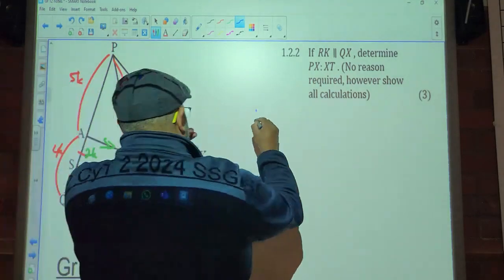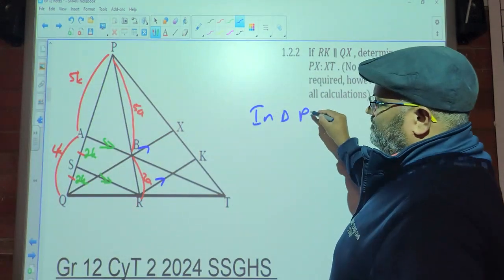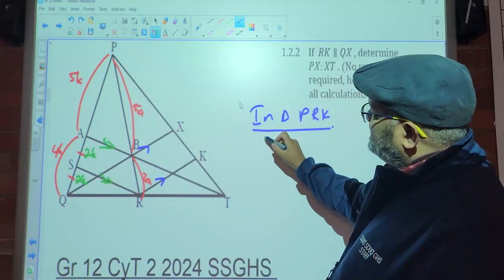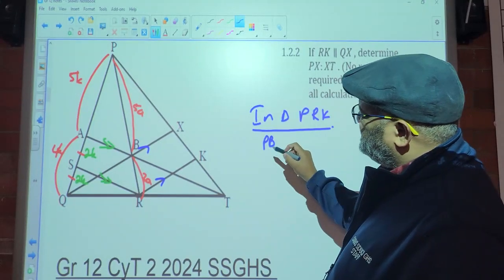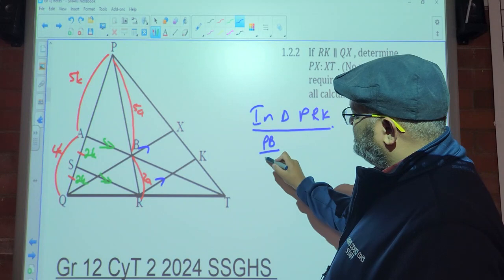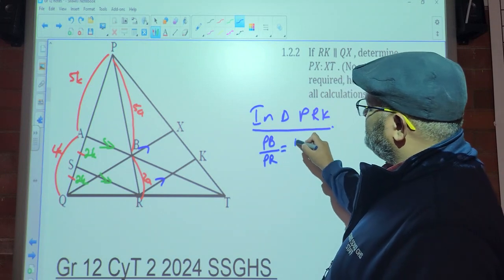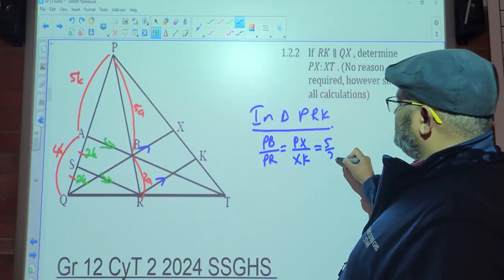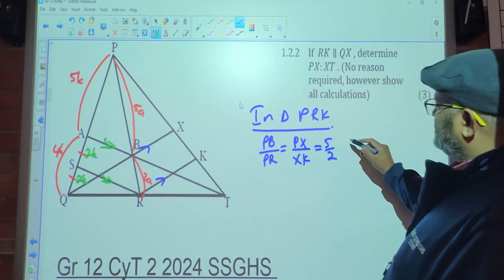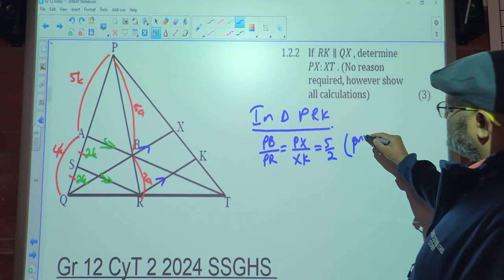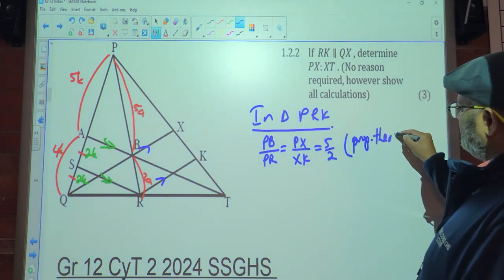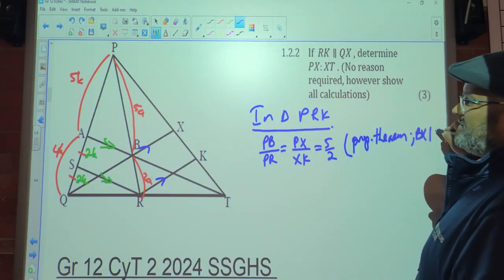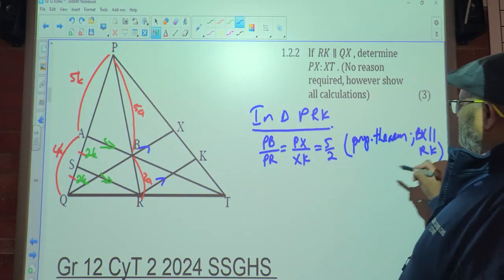So I'm going to say in triangle PRK. So what can we say? We can say that BP over PR is equal to PX over XK, which is equal to 5 over 2. Not so. Why? Because of the proportionality theorem with BX being parallel to RK.